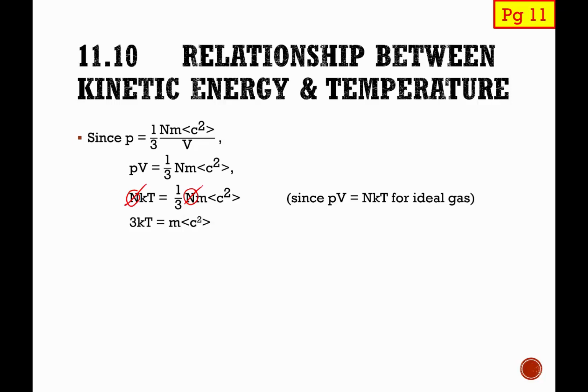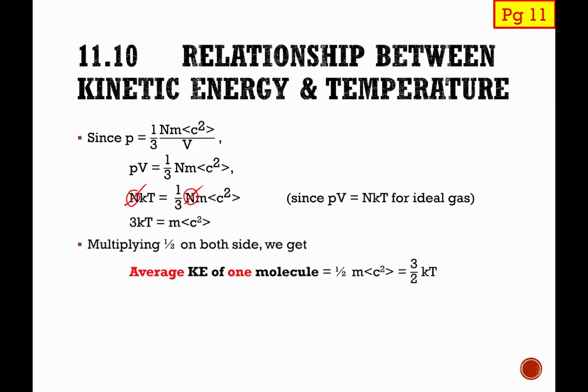And if I were to multiply the value half on both sides, what do we get? We will get the average KE per molecule, because I'll get half m average c squared, and that will actually be equivalent to 3 over 2 kT.